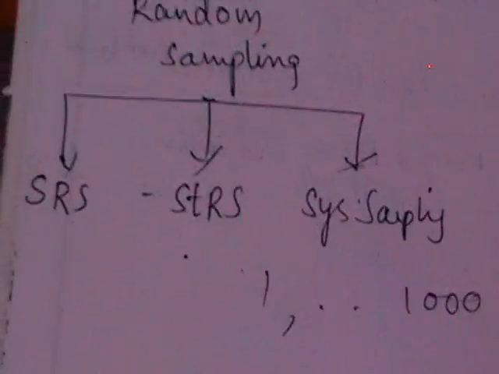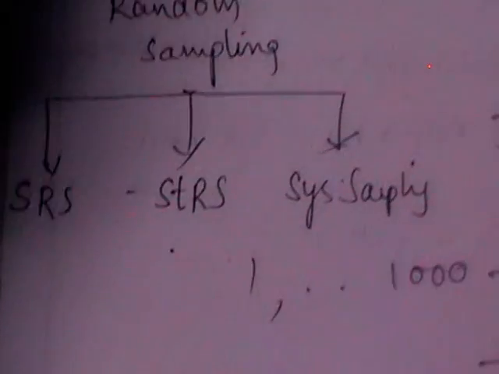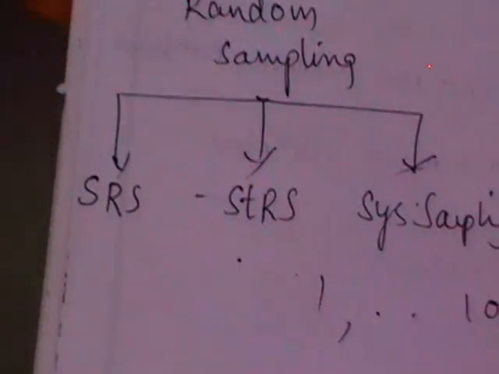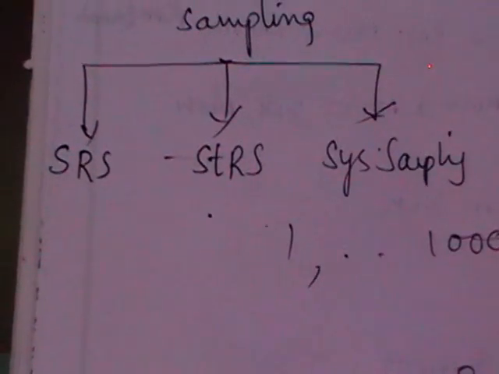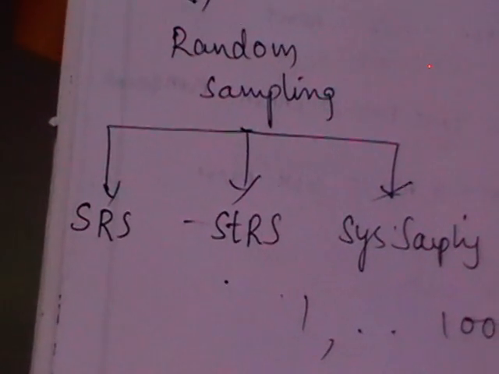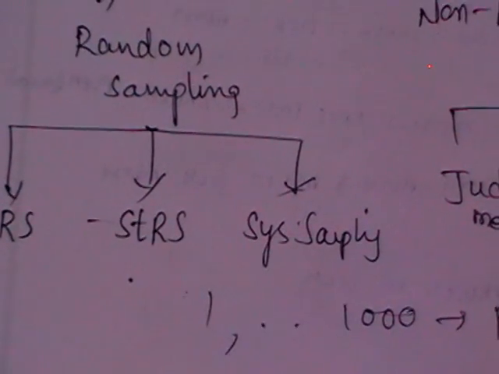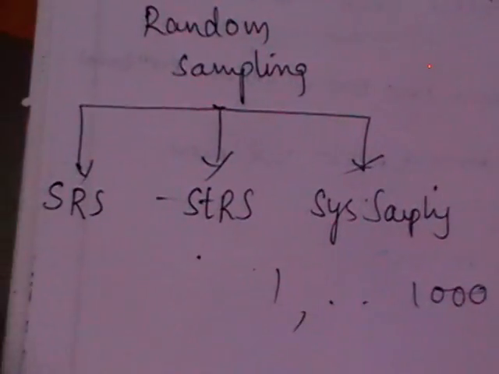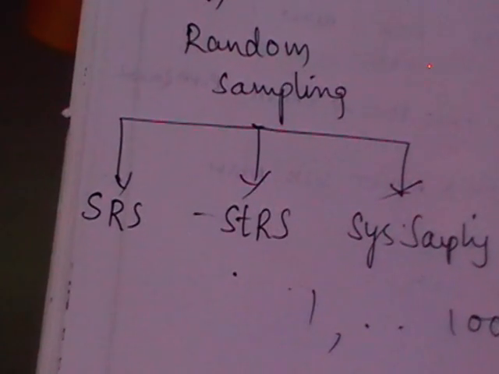Then what are you going to do? You are going to select a few randomly, not by any particular rule. Randomly you are going to choose 50 to 100 students, note their results, and out of 50 students calculate the number of failures and the number of passed out candidates.